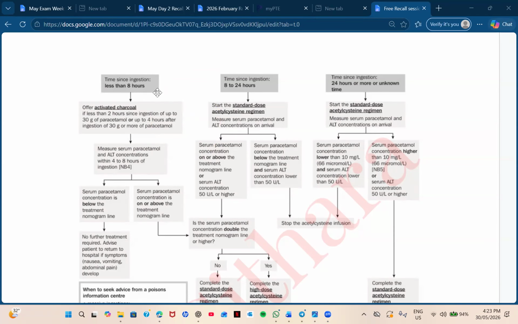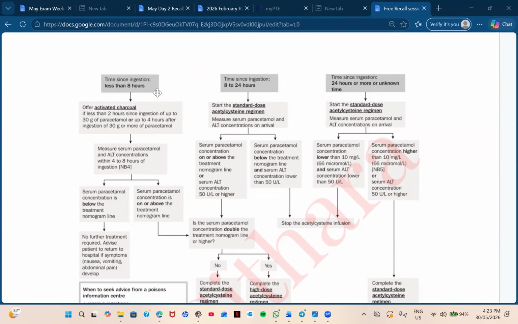Here the nomogram line is here, and the paracetamol level is double or more from this line. If it is, you have to increase the dose.